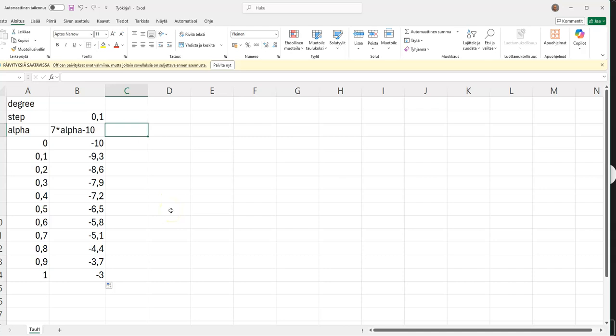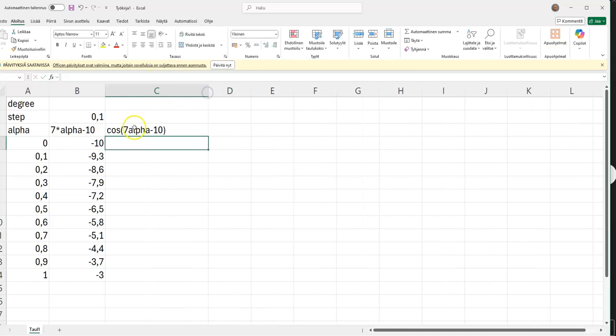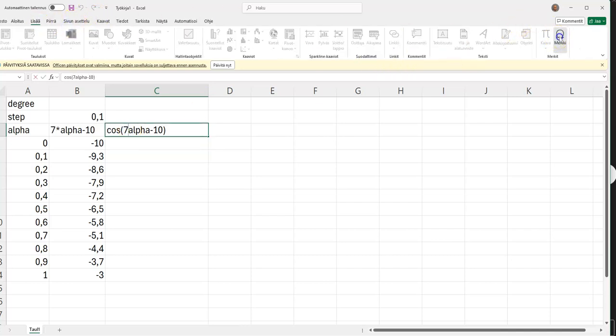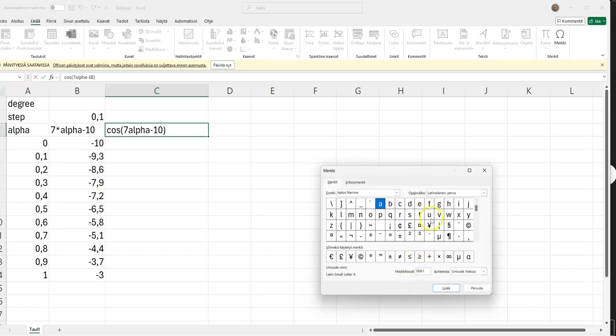And then we need to calculate what is the value of cosine of that angle. So cos. Of course I could try to find it from this. Here probably I can find the alpha somewhere.